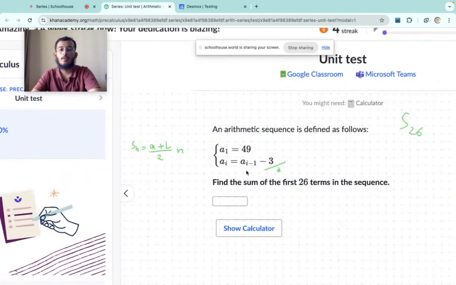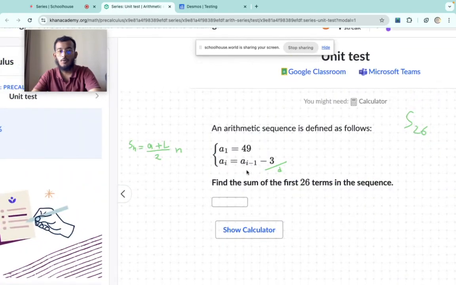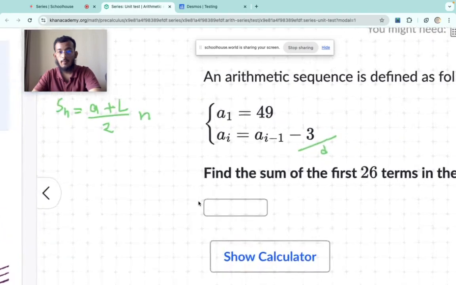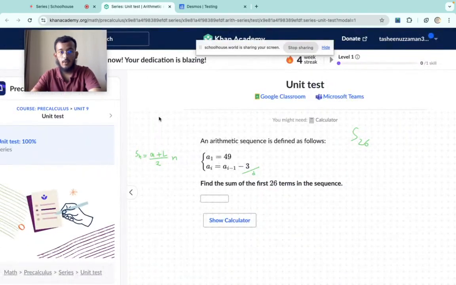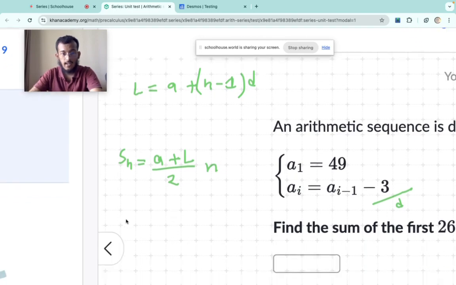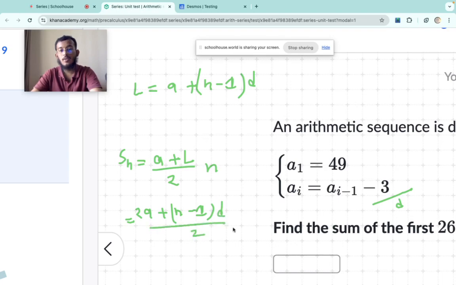The sum of the first 26 terms: we don't know the last term, so we can replace L with a plus n minus 1 d, which is the nth term. So a plus a will be 2a plus n minus 1 times d, divided by 2, into n.